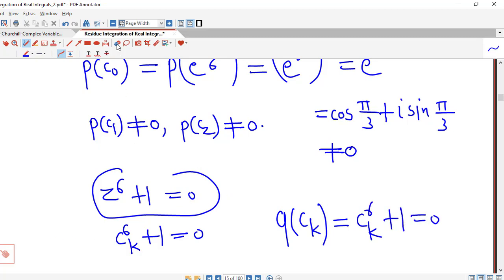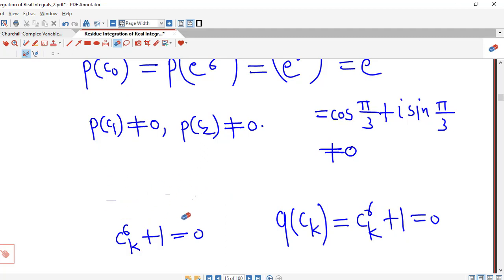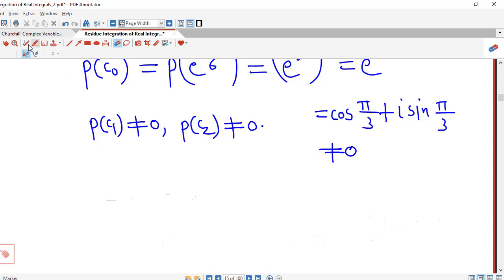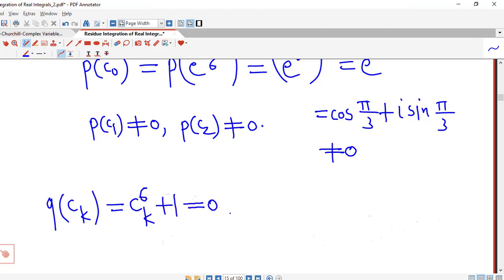So the value of q at ck is 0 for each of these roots, but we will write for roots in the upper half plane only. So q of ck is nothing but ck raised to 6 plus 1 equal to 0, for k equal to 0, 1 and 2.